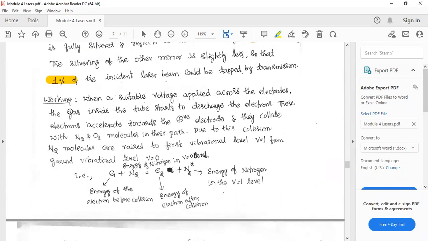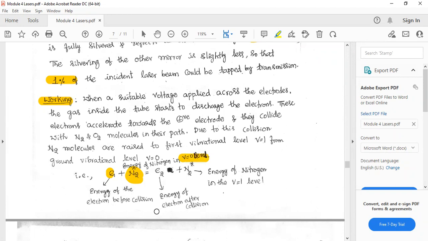Now, going towards the working of the carbon dioxide laser, we have to understand that when we insert the electrodes and supply a very high potential, electrons are liberated from the cathode. These electrons, having higher energy, collide with nitrogen molecules which are at ground level.